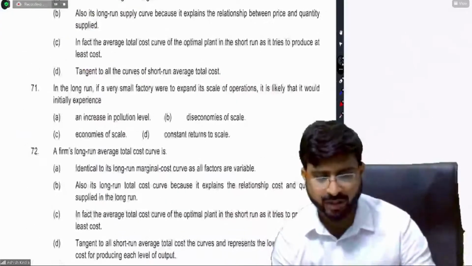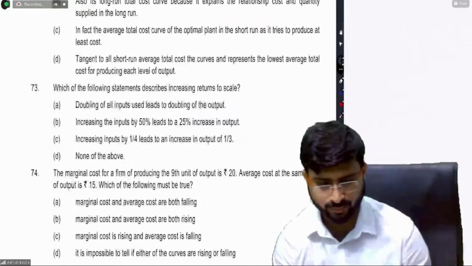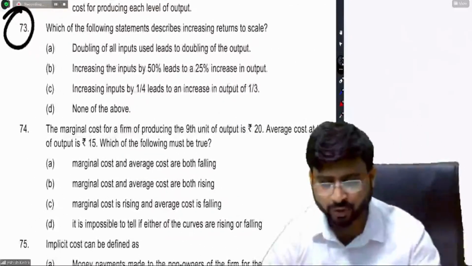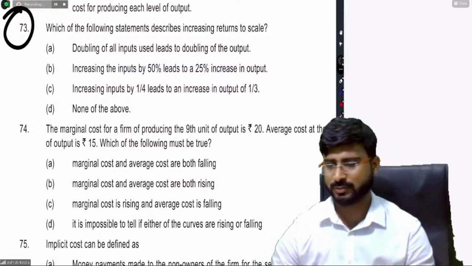Next question that we will discuss is 73. 73, everyone solve it, please.